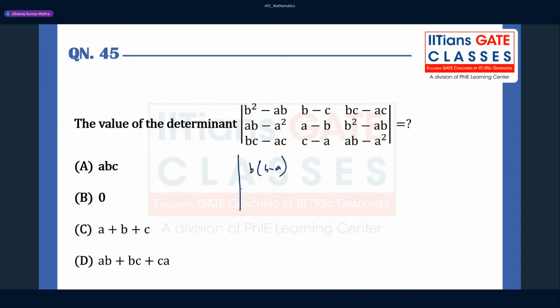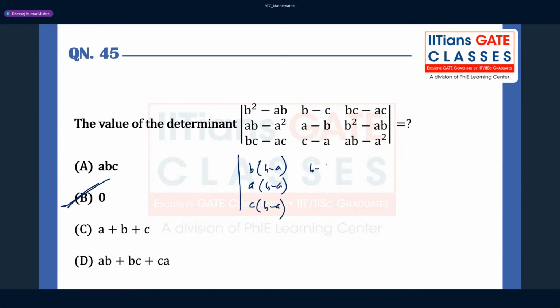Srinidhi, this is not correct. D is not correct here. So the answer will be direct. Answer will be 0, because you have to realize that you just take a common here, so it is nothing but b minus a, and you can take c common, b minus a.